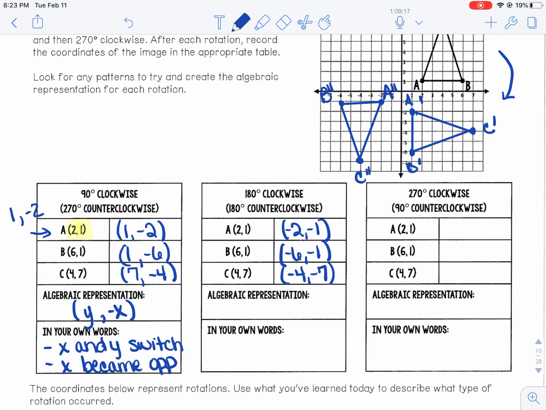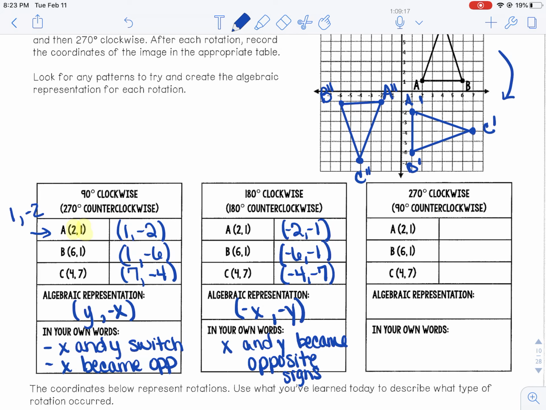So what you can see that happened with that, the X and the Y stayed in the same position, but they both became opposites. Opposite signs, I should say.